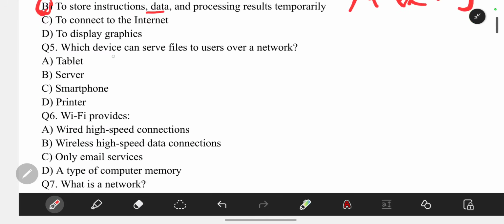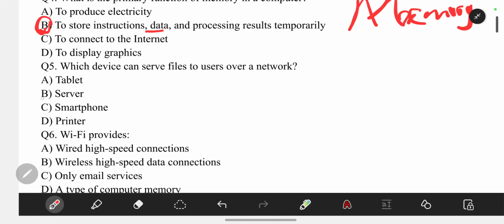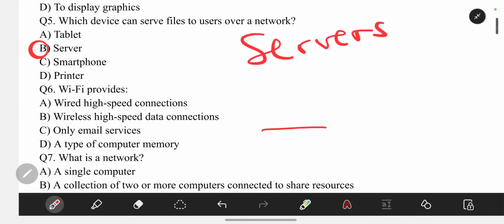Question 5, which device can save files to users over a network? So the device that can save files over a network are servers. So servers are used for cloud storage. So if, let's say, you have a laptop, you can actually upload things on the server.